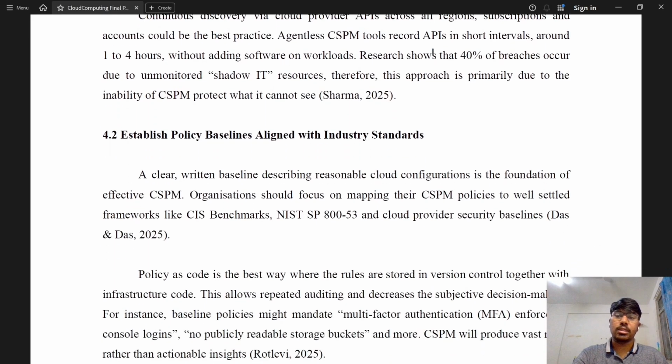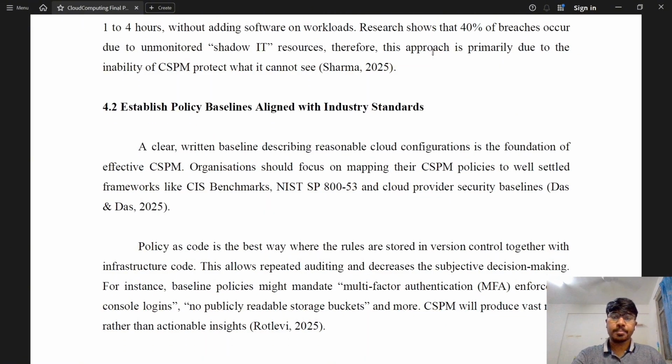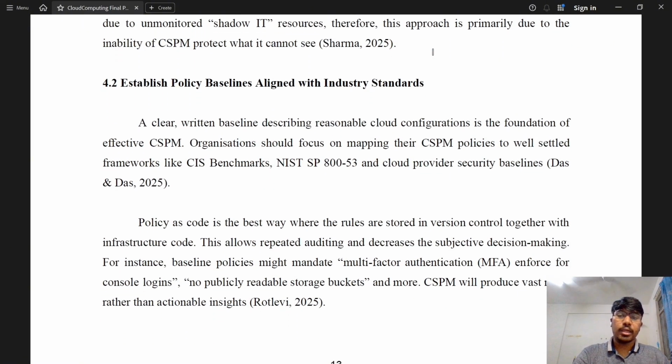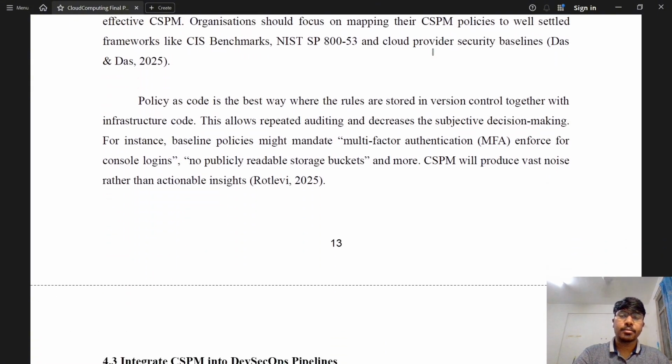Secondly, the establishment of policy baselines aligned with industry standards, where organizations should map policies to CIS benchmarks and NIST guidelines and use policy as code for version control and repeatability.